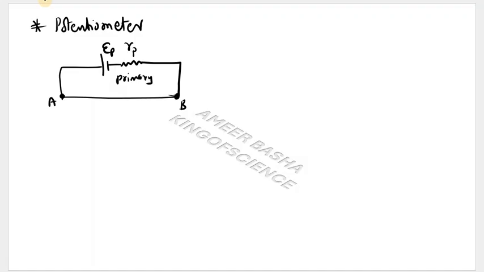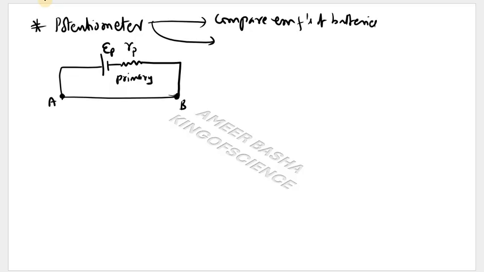With the help of the potentiometer, two things can be done. We can compare the EMF of batteries, and we can find the internal resistance of a cell.